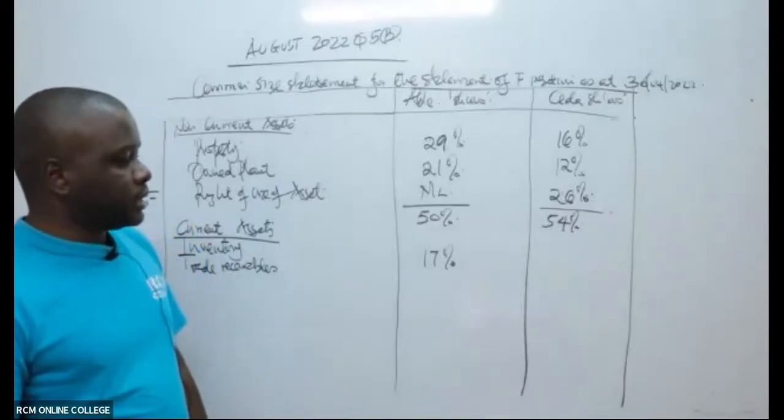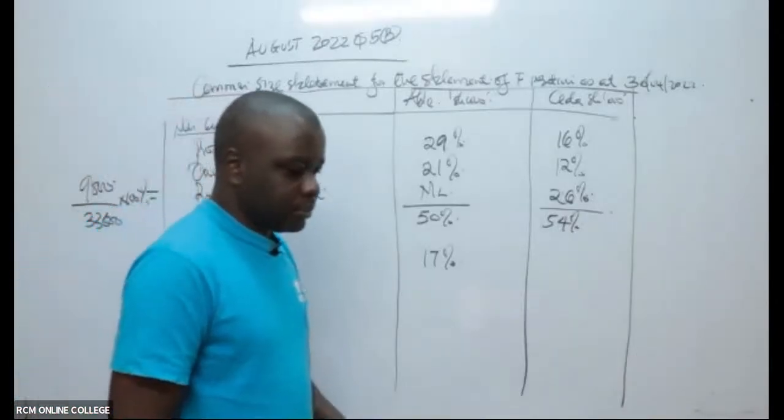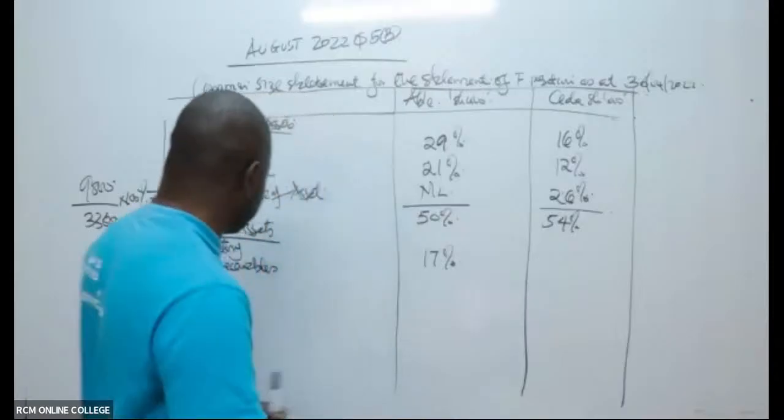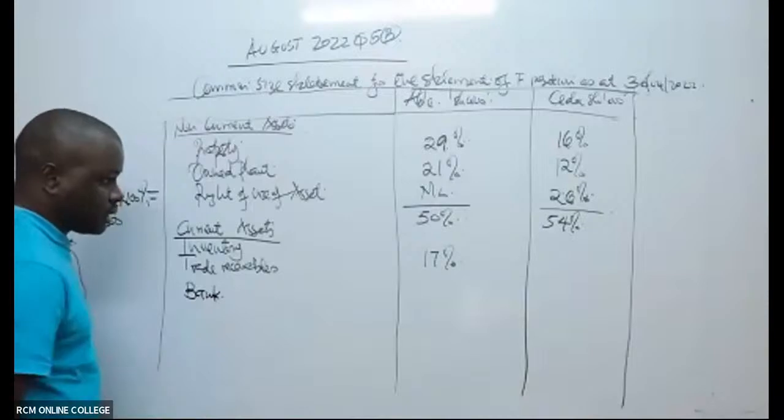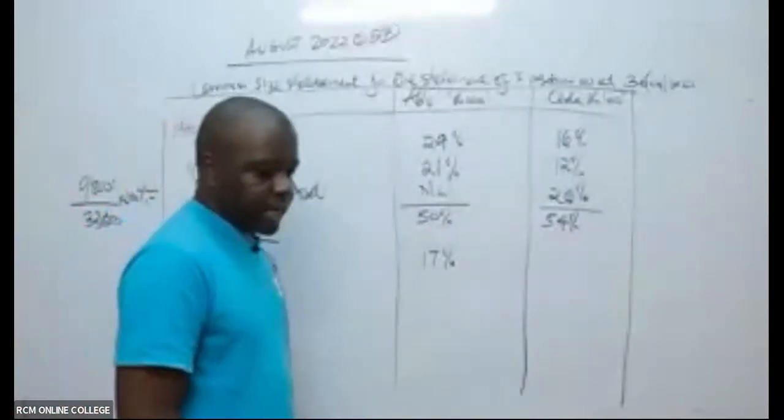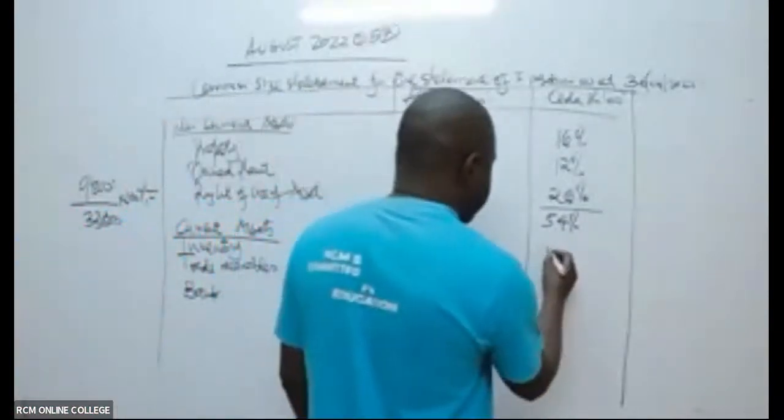For SEDA, you have inventory and of course also bank as another item. 17.9, so that is 18%.